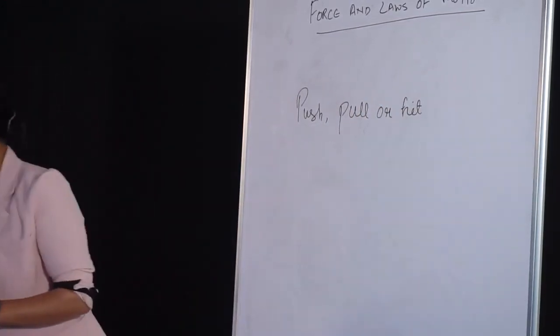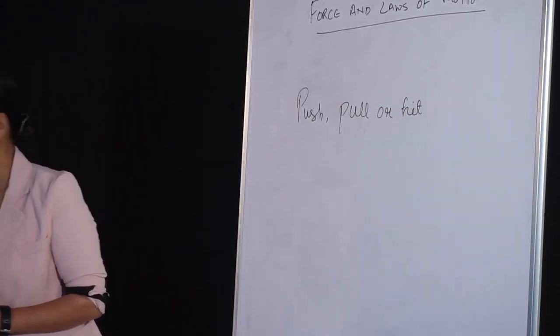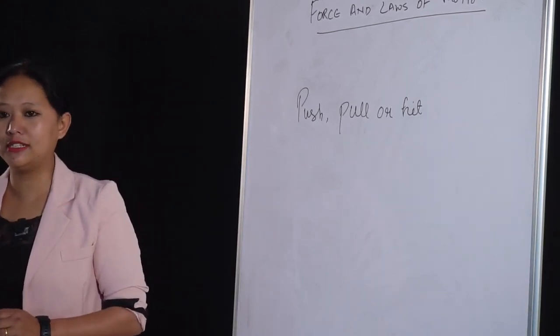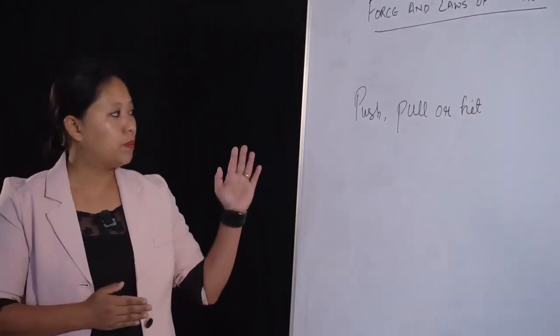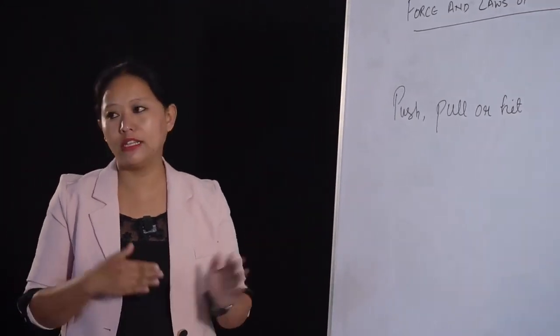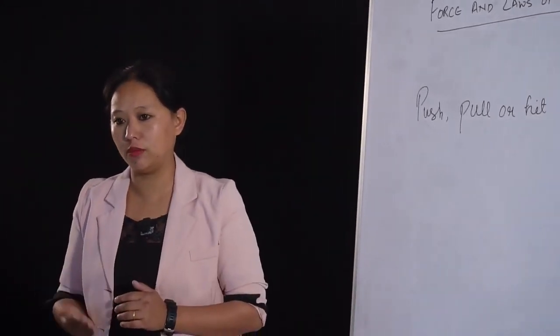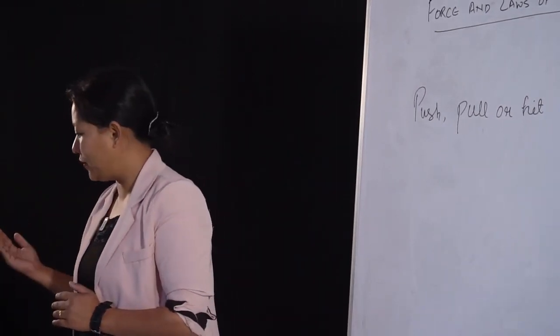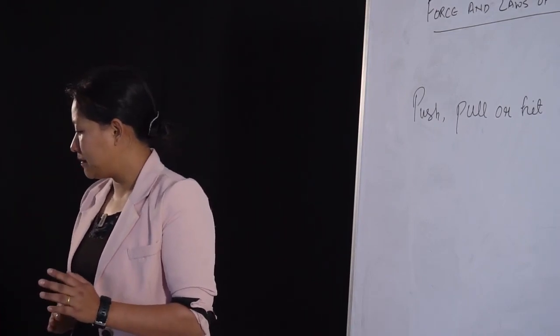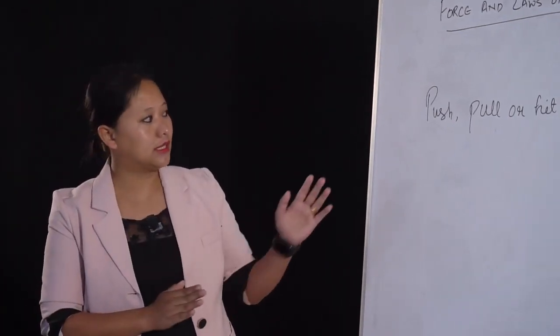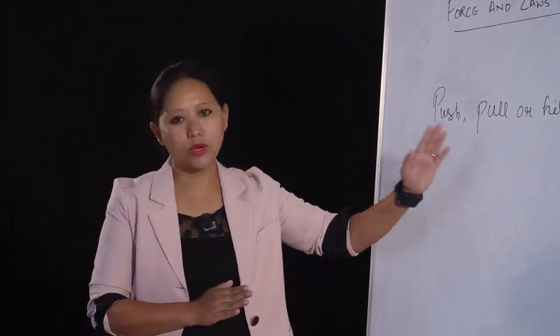So force can be defined as push, pull, or hit, which tries to change the state of rest. I repeat again, force is defined as push, pull, or hit that tries to change the state of rest of an object. So the concept of force is push, pull, or hit.